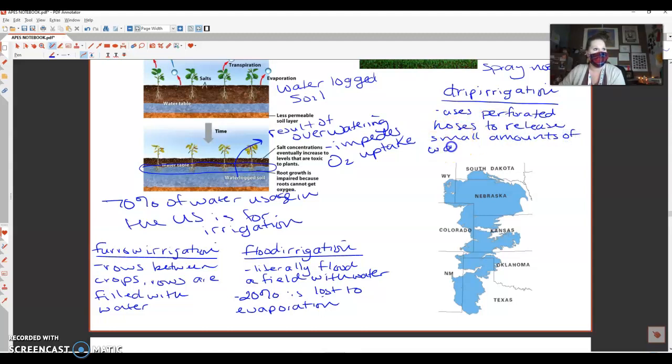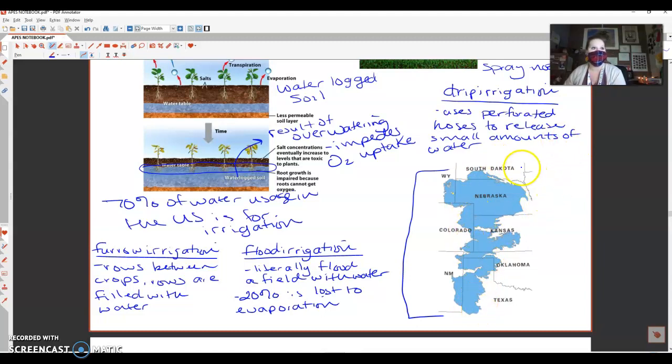Okay, now the question is, where do we get all of this water from? It's easy to say that it just comes out of our faucet, but where is this actually coming from? It comes from this right here. So in the United States, we have a massive aquifer that spans from South Dakota all the way to Texas.